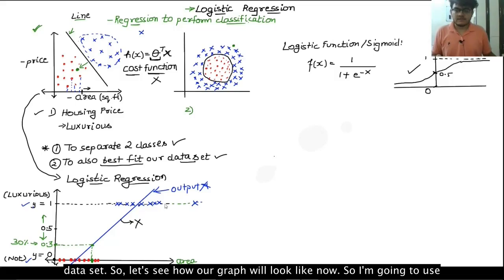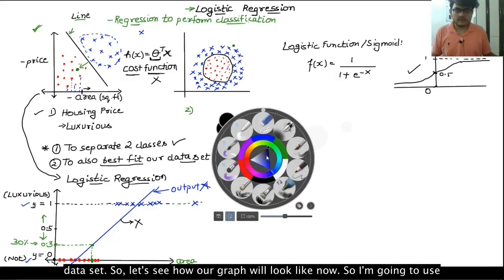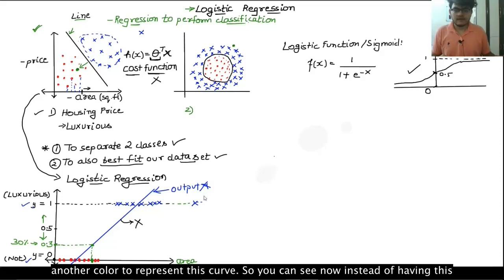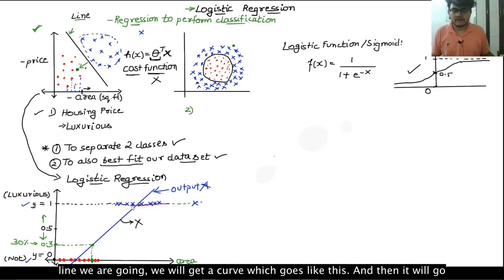So let's see how our graph will look now. I'm going to use another color to represent this curve. You can see now, instead of having this line, we will get a curve which goes like this, and then it will go down.